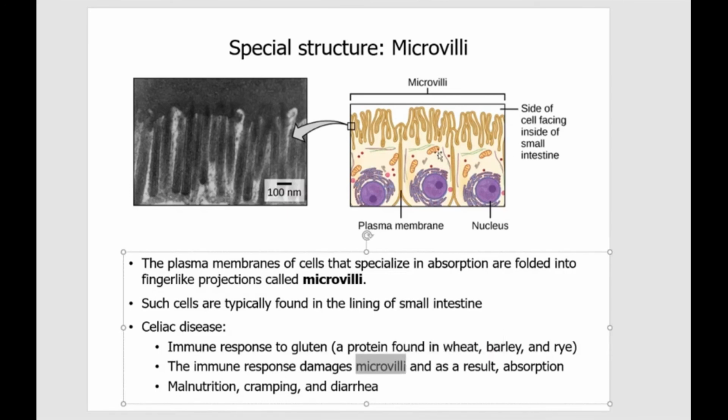Without microvilli, you can't really absorb nutrients, and your ability to break down macromolecules also decreases. That results in a wide range of symptoms. You will probably suffer malnutrition because you can't absorb all the nutrients. You may also show other symptoms like cramping and diarrhea, because you can't break down those big molecules.